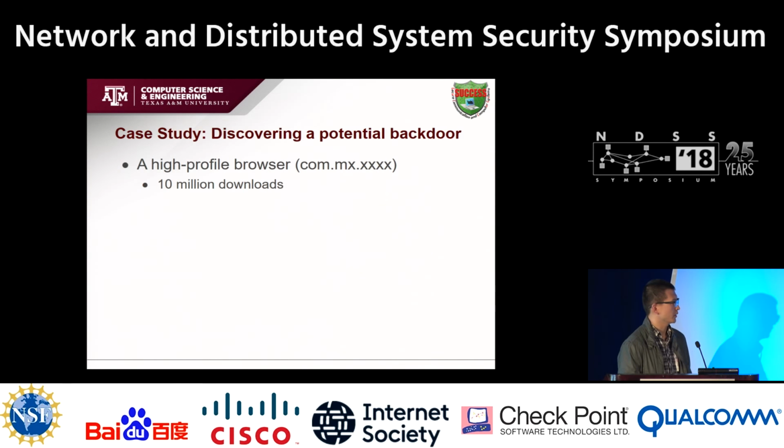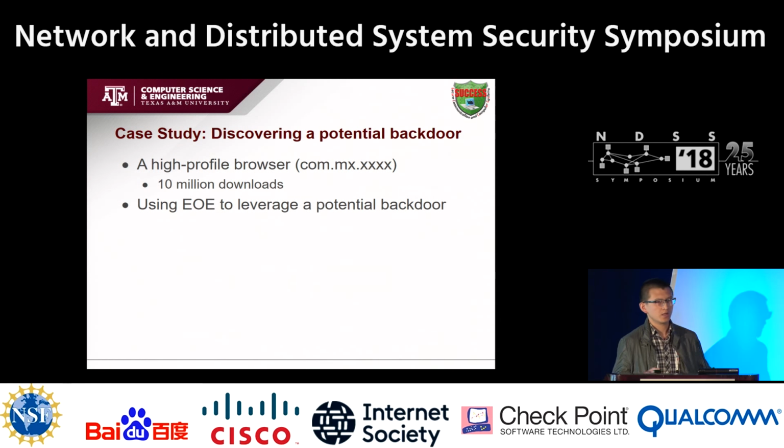And here we use a very simple case to demonstrate how our system works. It is a very high profile browser, and it contains very sensitive functionality, for example, reading the IMEI, and the developer may realize this problem and try to close it.